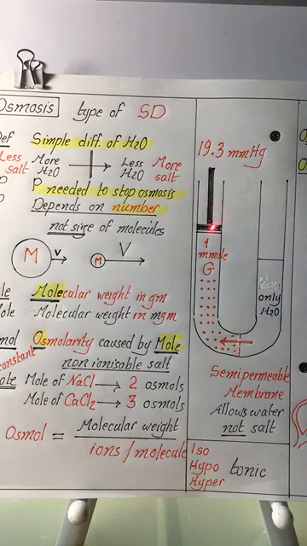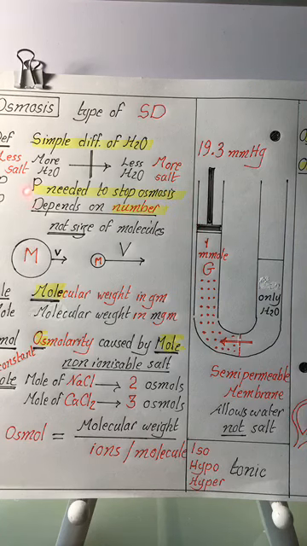It's the pressure needed to stop osmosis. Definitely it will equal the osmosis force. So they measure the osmosis force by measuring the pressure needed to stop this osmotic force. What do we call osmotic pressure? It is the pressure needed to stop osmosis, and it's measured in millimeters of mercury.